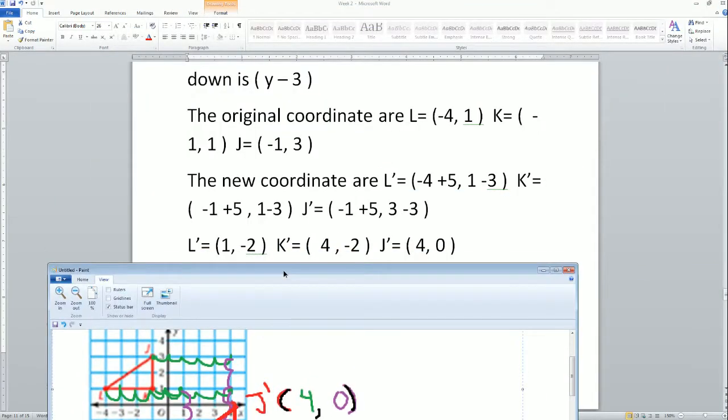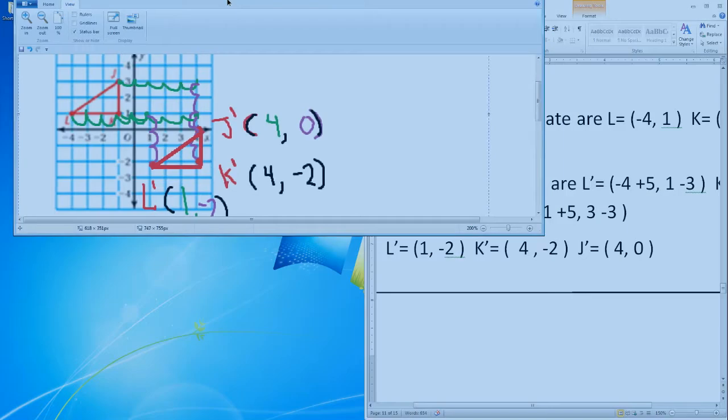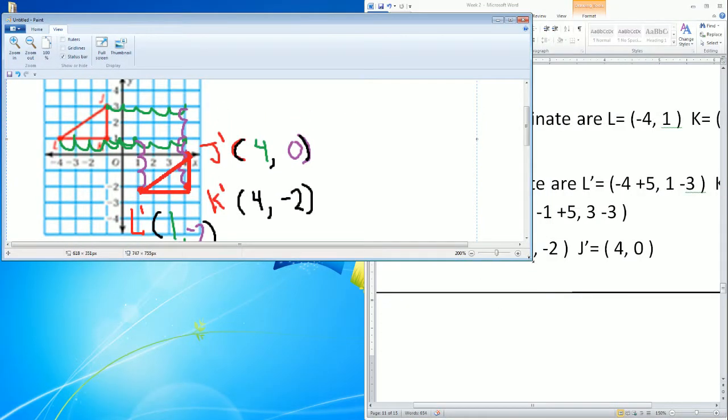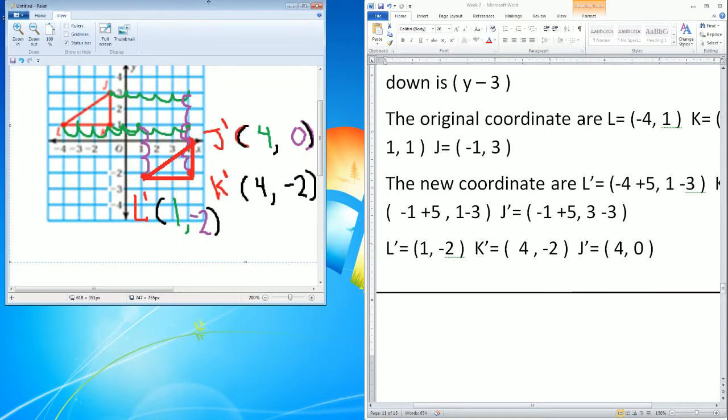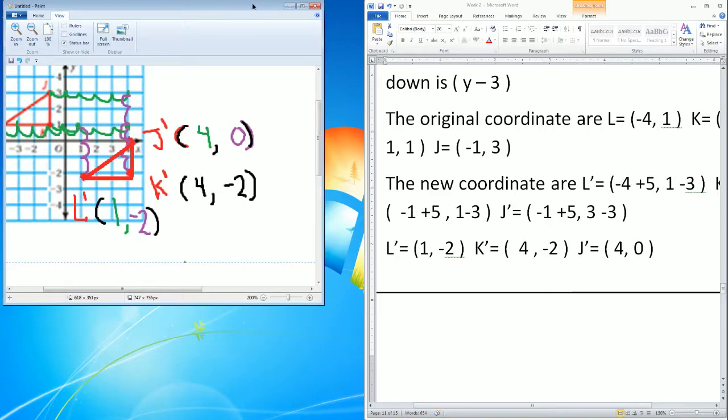L is 1, negative 2. Good. K prime is 4, comma, negative 2, and J is 4, 0. Perfect.